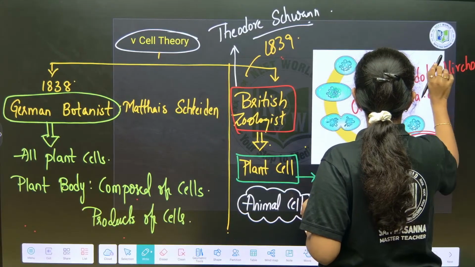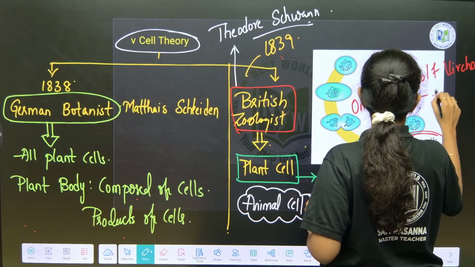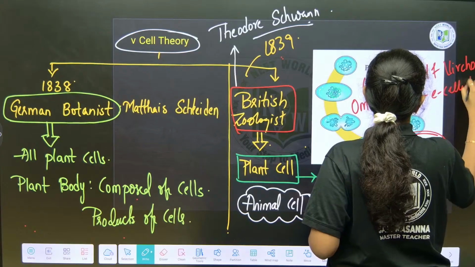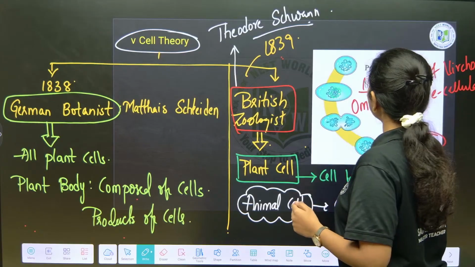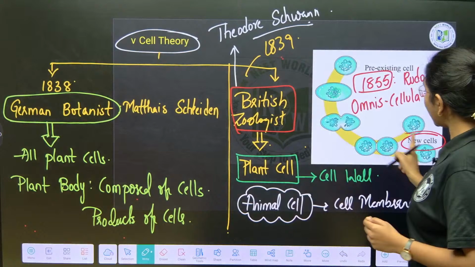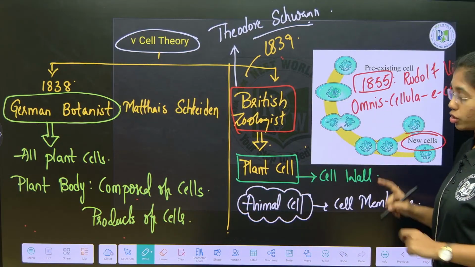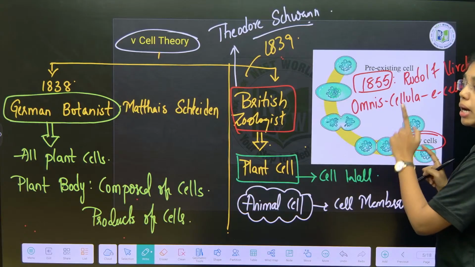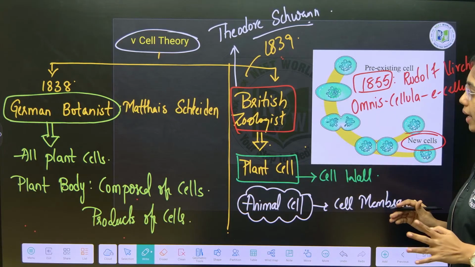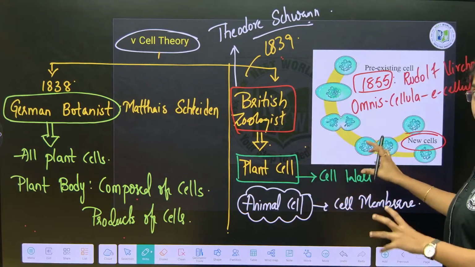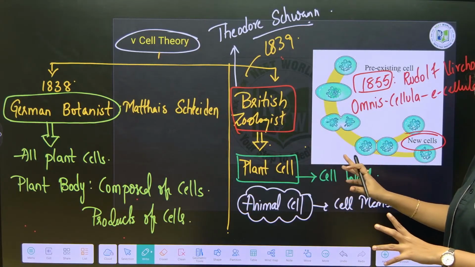Years are also important here. Under this, he said that all new cells will arise from pre-existing cells. Clear, right? So these points you have to remember and highlight, after which you have to focus on the exceptions of cell theory.